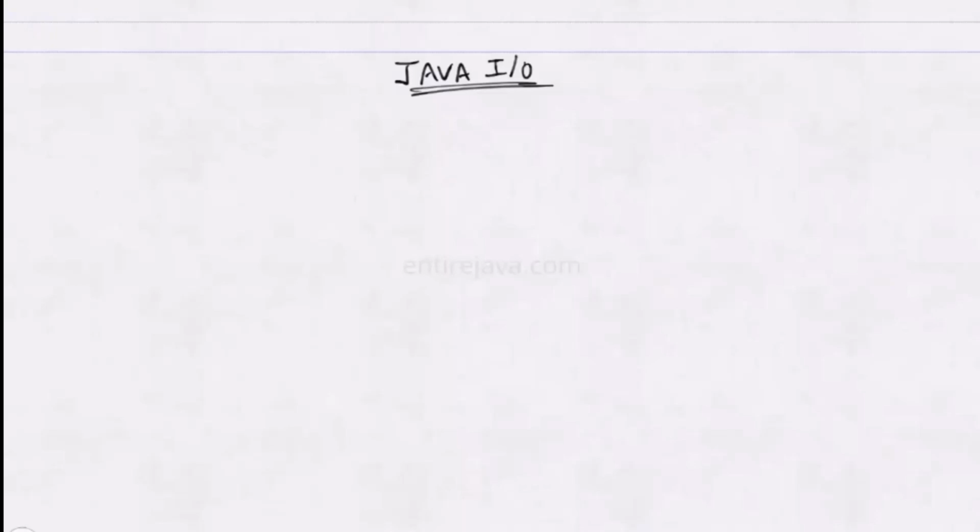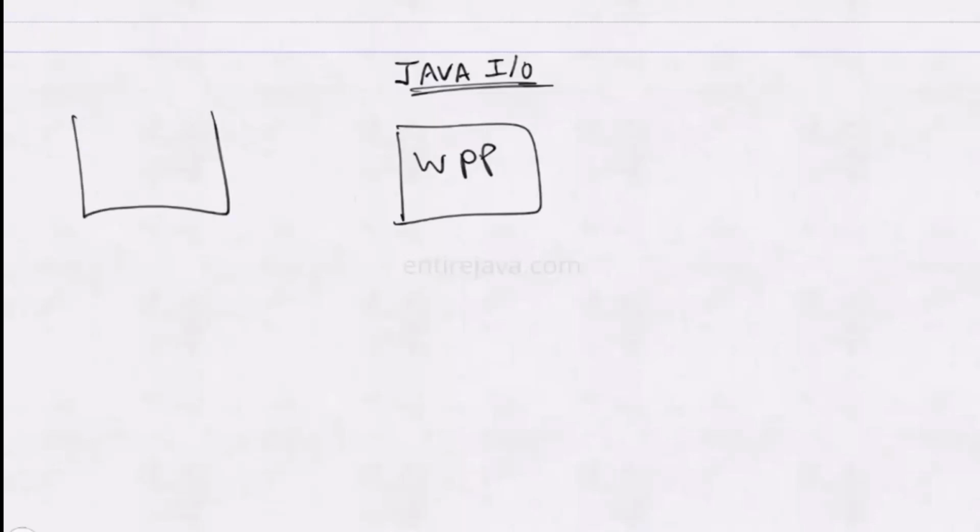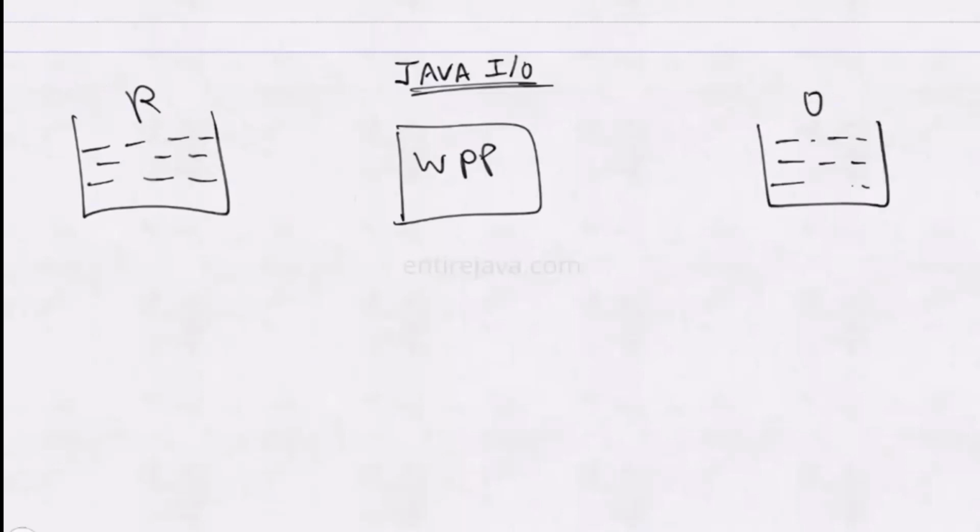Consider the following example. Let's say you have a water purifying plant, and all you need to do is to take in the water from the river, purify it, and send it to an overhead tank. So we have a river, which would be the source, and we'll have an overhead tank, which will be a destination.